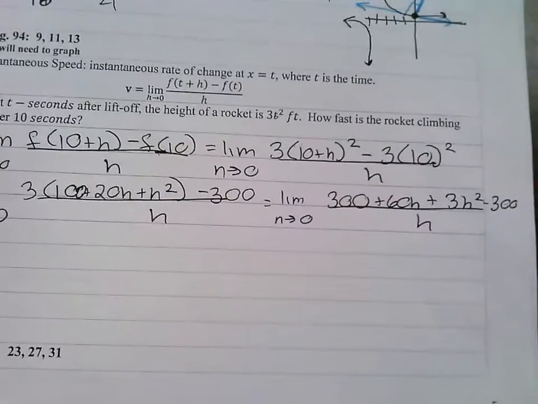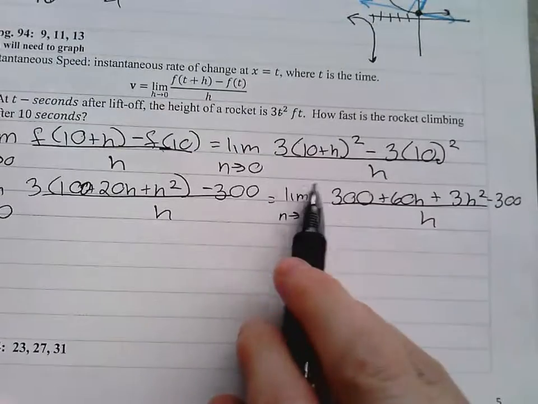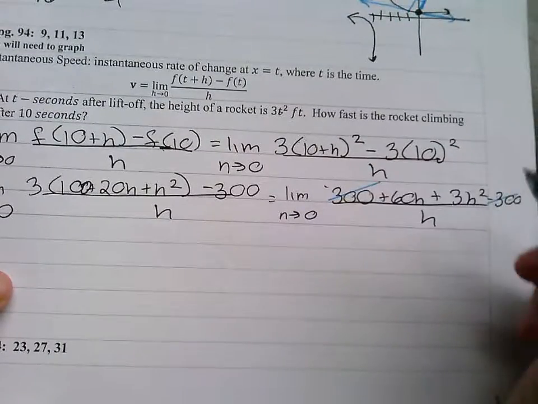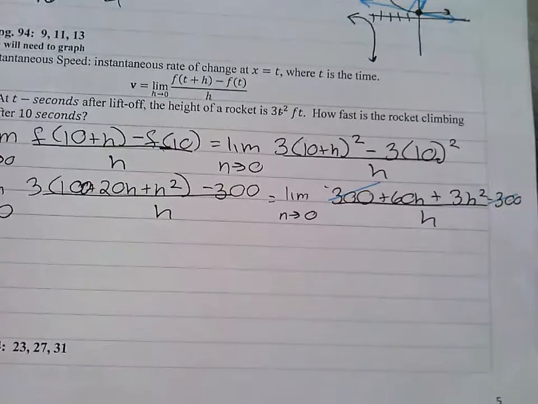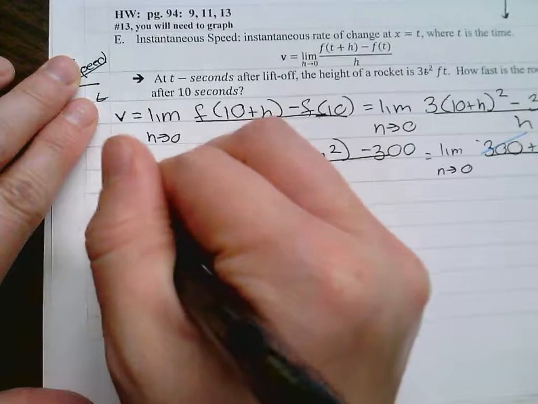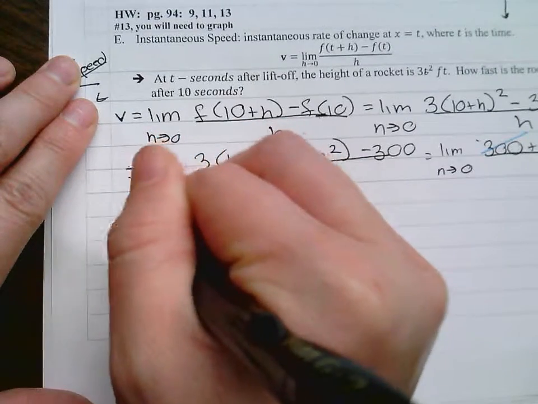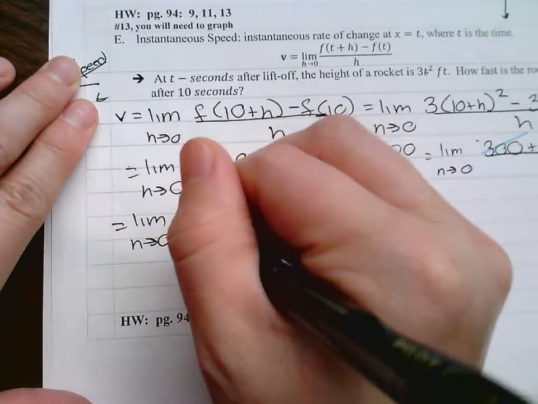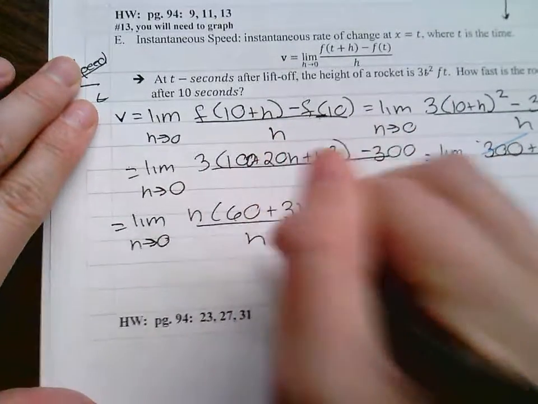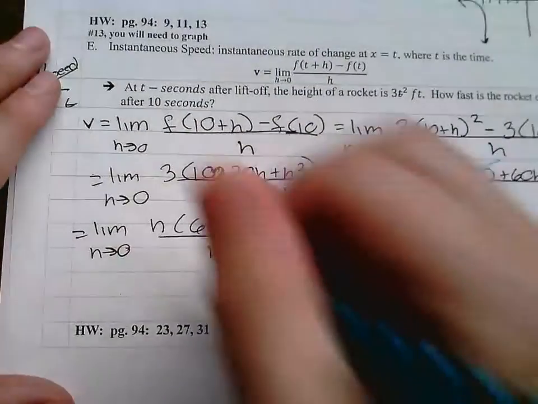Okay. 300 minus 300 cancel out. So you got 60h plus 3h squared. I'm going to go ahead and greatest common factor that on the next step. Of h, 60 plus 3h over h. h's are gone.